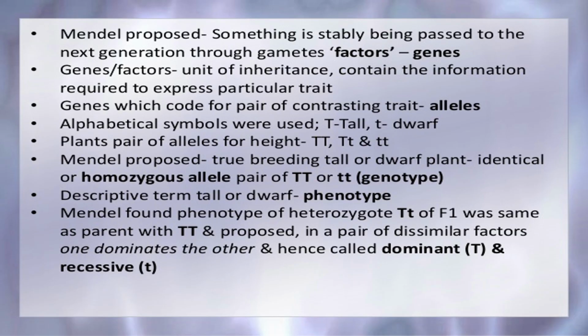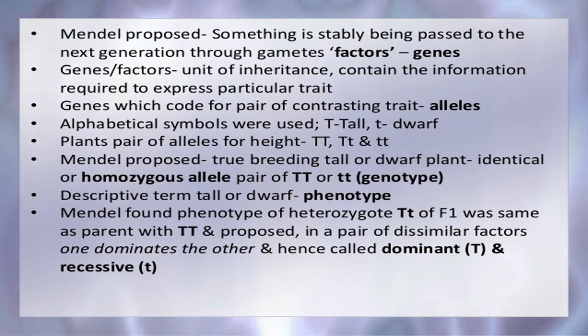Pairs of alleles for height could be in all possible combinations for a monohybrid cross, like this. Gregor Mendel proposed true-breeding tall and dwarf plants have identical or homozygous alleles, a pair of capital T or small t.